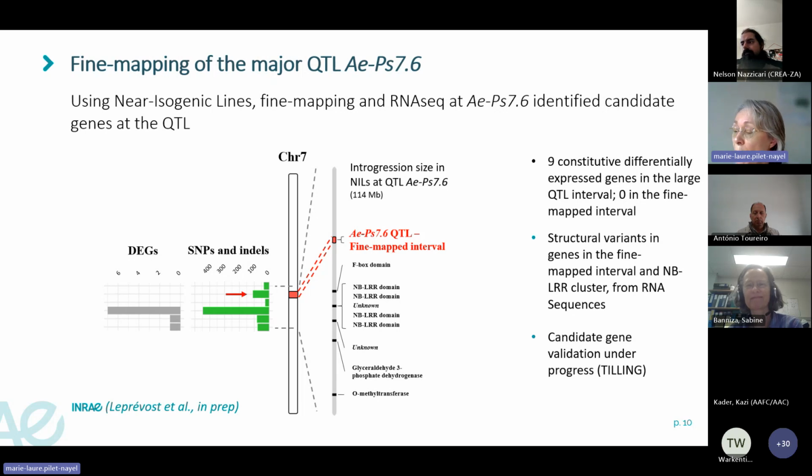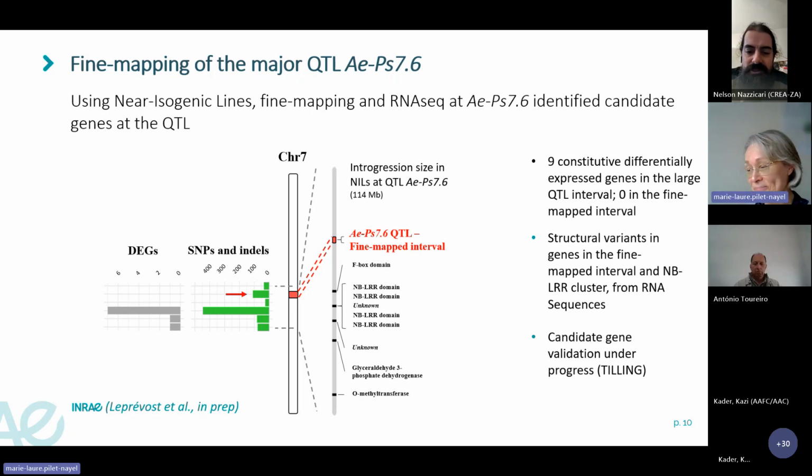The pathogen population could more easily evolve if we breed tolerant varieties and then, after, more resistant varieties. It's really indispensable to obtain high levels of resistance in varieties. Yes, I know it's a big challenge, but no choice, I guess, if we want to have a durable resistance. So thanks. Thank you. Thanks.